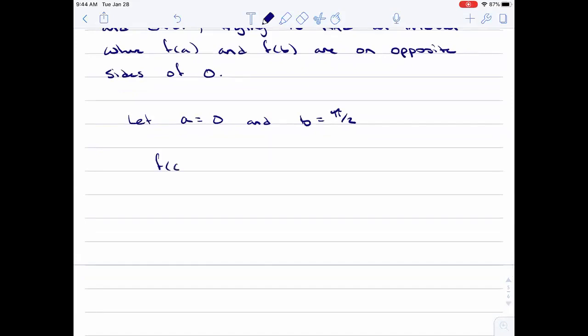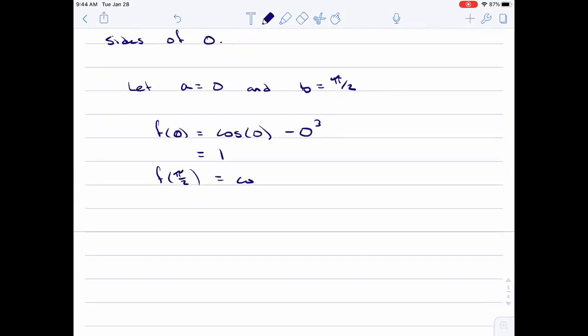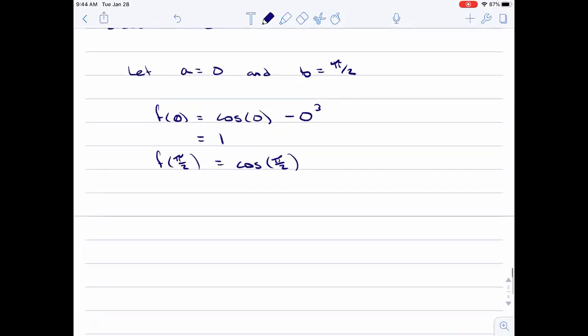And then we would find that f of 0 is cos of 0, which is 1, minus 0 to the power of 3, so we just get 1. F of pi over 2 is cos of pi over 2, which is 0, minus pi over 2 to the power of 3.